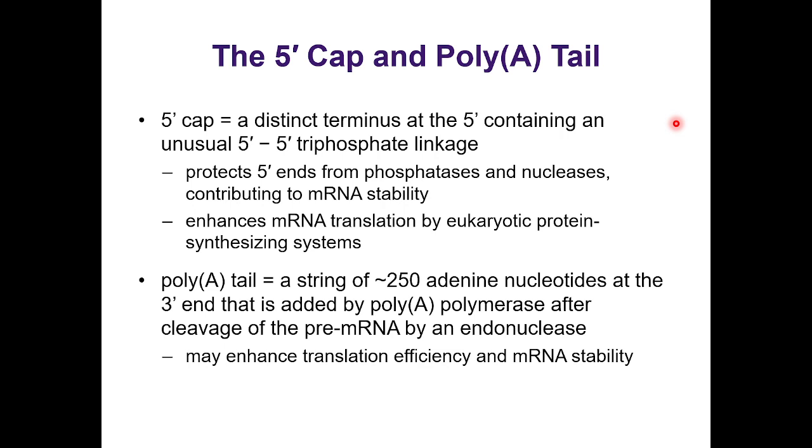It's going to protect the 5' ends from the phosphatases and nucleases and contribute to mRNA stability, so you don't end up cutting it away and processing it and ending up with just a part of an mRNA. Okay? This is going to enhance mRNA translation by the eukaryotic protein synthesizing systems.